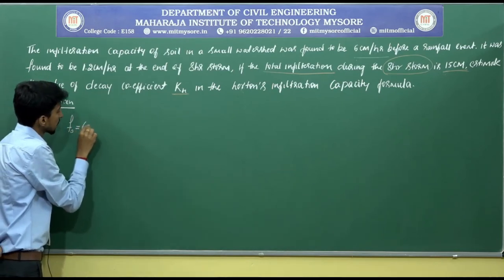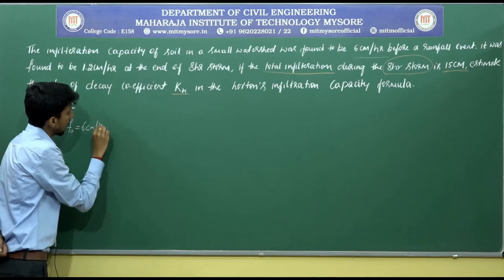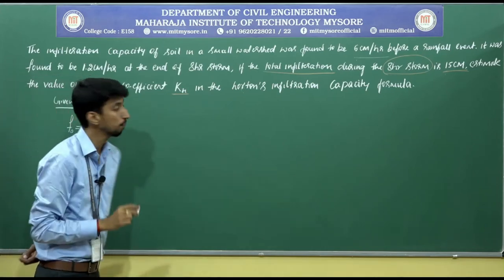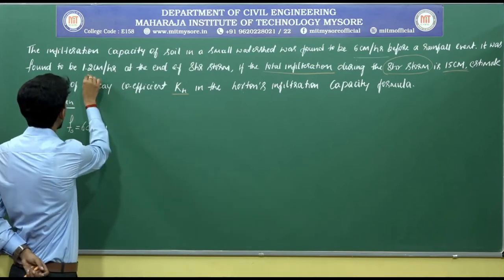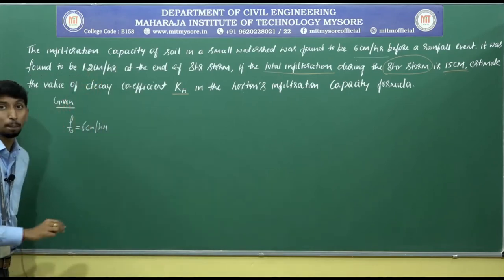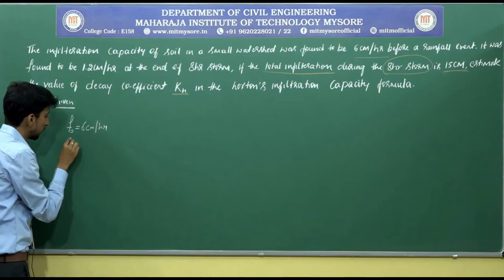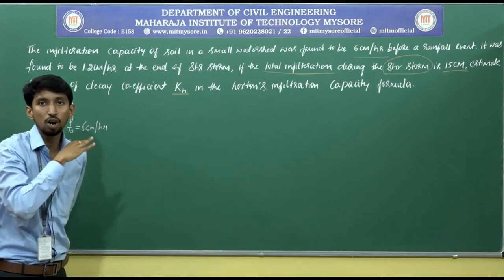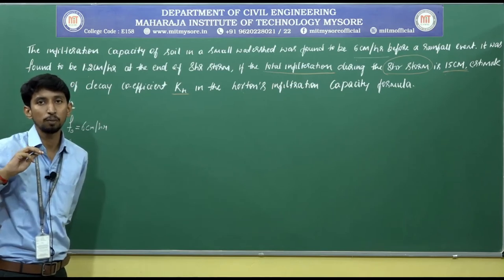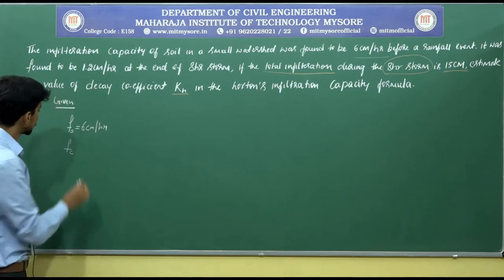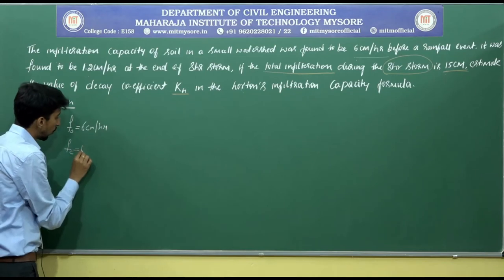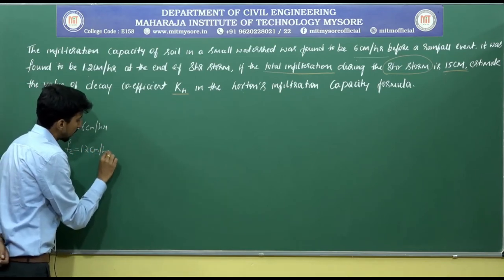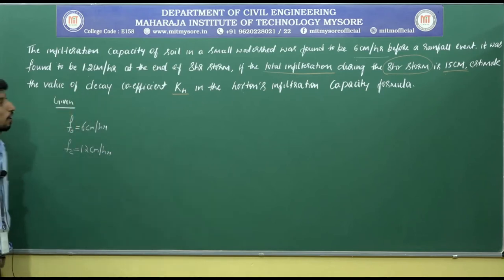At the end of the storm the infiltration is 1.2 centimeter per hour, represented by Fc, because at the end the infiltration will be at a constant rate.